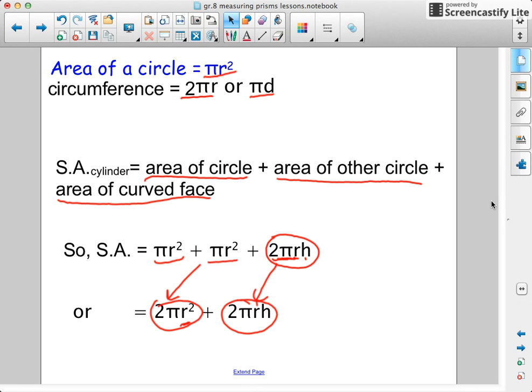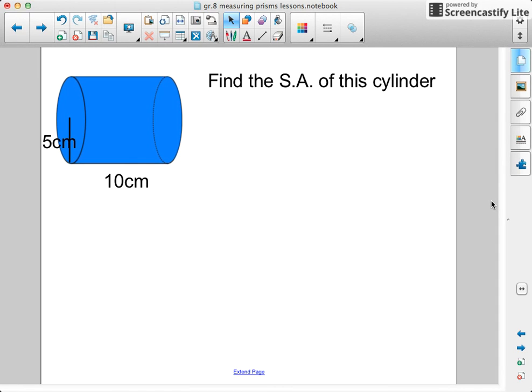So let's do some examples. Surface area of this cylinder: surface area equals 2 times pi, which is approximately 3.14, times the radius, which is 5, squared, or 5 times 5, plus 2 times pi times r, which is 5, times the height, which in this case, since it's laying on its side, is 10.